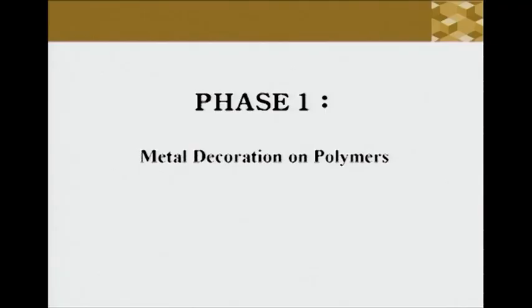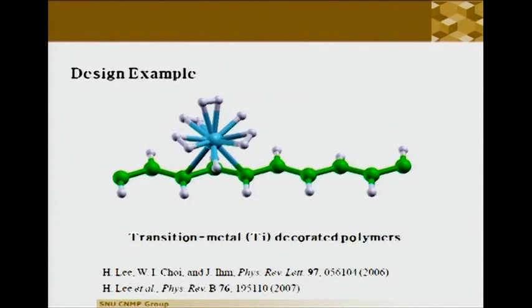And at first phase, our idea was a metal decoration on some skeleton materials. In the first paper, we chose polymers, but it turned out it's not practical. Anyway, the basic idea continues. That's the metal decoration on skeleton materials. For example, in this first paper published in 2006, we had the idea of the backbone material.